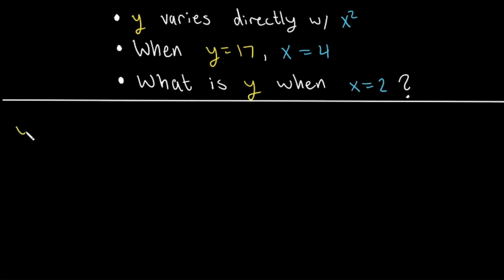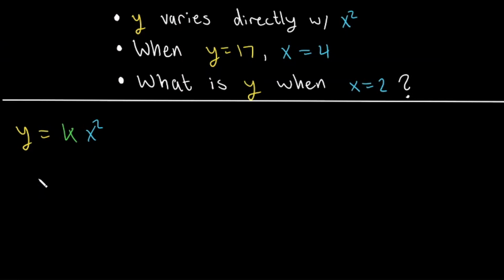So let's first write that out. We know that's going to be in the form y equals kx. But y does not vary directly with x. It varies directly with x squared. So what we can do is just put a squared here. Nothing special. Just y equals k times x squared.